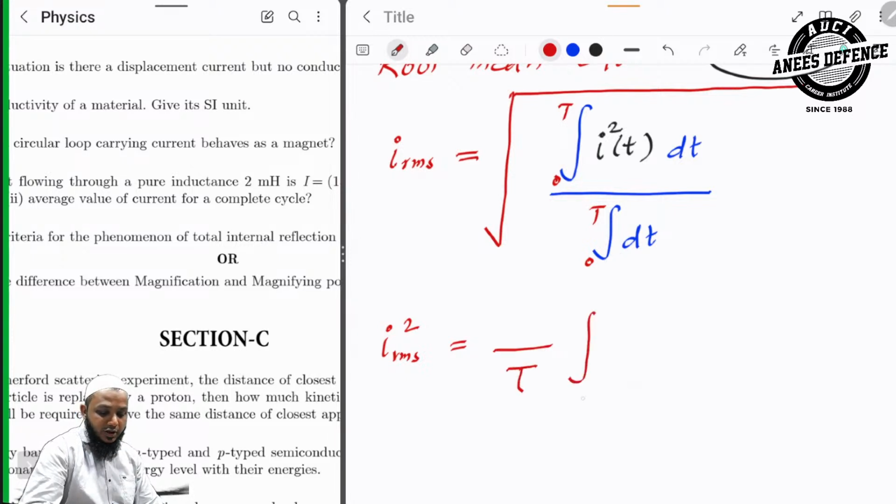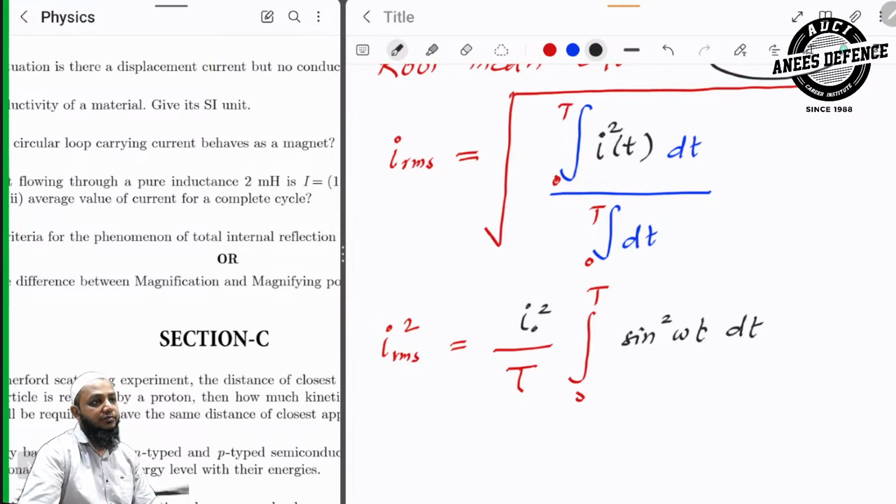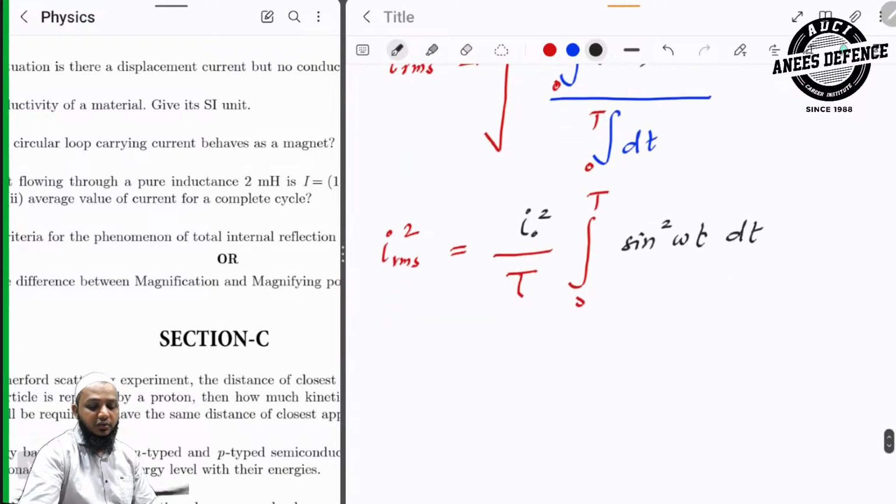And integration 0 to capital T as it is. Now I of t is squared. What is I of t? I naught sin omega t. Squaring it will make it I naught square sin square omega t dt. Correct?